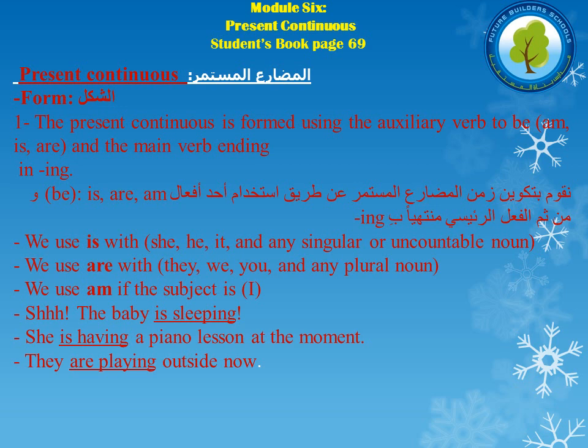So we use an auxiliary before the ing form of the verb. نستخدم فعل مساعد قبل الفعل ing. And here we use the auxiliary be. نستخدم الفعل المساعد be. And because we are talking about the present لأننا نحن في زمن المضارع, we use the auxiliary be, is for the singular or are for the plural, and we use am only if the subject is I.